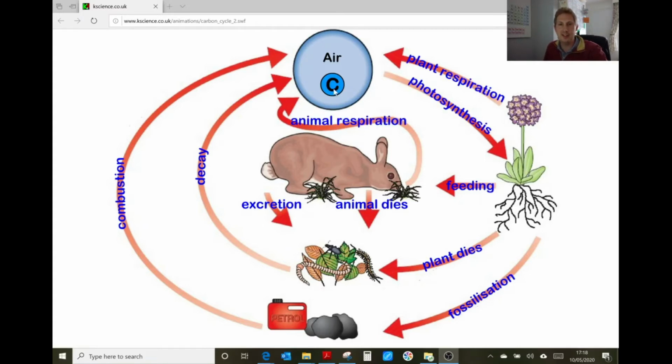This here, this C, represents carbon dioxide in the air. And of course, one of the ways that it's taken out of the air is photosynthesis. Plants using this carbon dioxide and turning it into sugars within the plant, so the carbon becomes locked up in the plant. From there, a few things can happen.